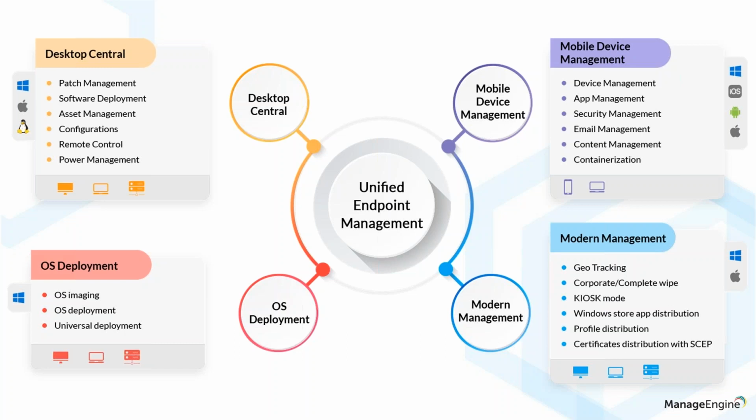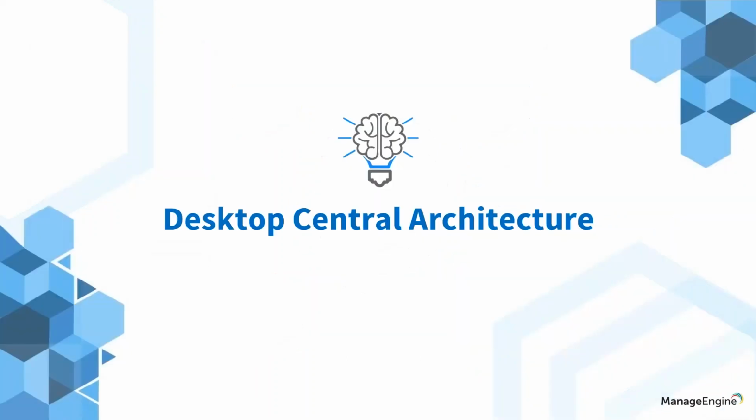Then we have modern management, which is for Windows and Mac machines. You can perform things like geo-tracking and complete or corporate wipe. You can put them in kiosk mode. You can distribute store apps and manage profile distributions. Then we have OS deployment, where you can create a single master image and deploy it to multiple machines. These are the features offered within the Desktop Central suite.